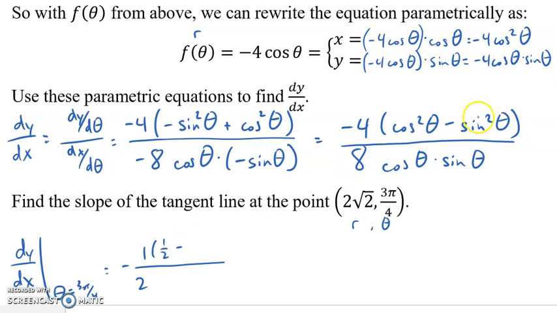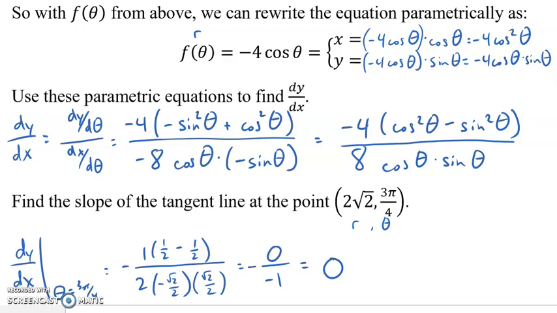The sine squared of 3 pi over 4 is also going to be 1/2. And then the cosine of 3 pi over 4 is negative root 2 over 2, and the sine of 3 pi over 4 is positive root 2 over 2. So we get 0 over, well, stuff. Doesn't matter what that stuff is, as long as it's not 0. It's going to work out to be a negative 1, I guess. So anyway, we're finding that dy/dx is equal to 0 when theta equals 3 pi over 4.